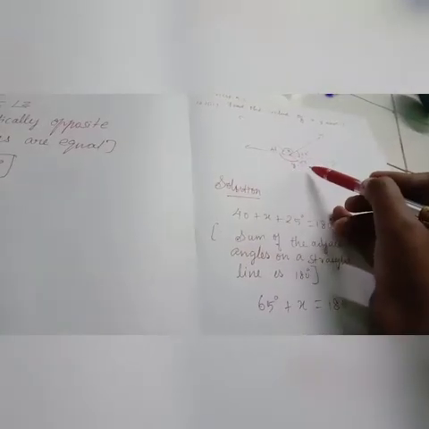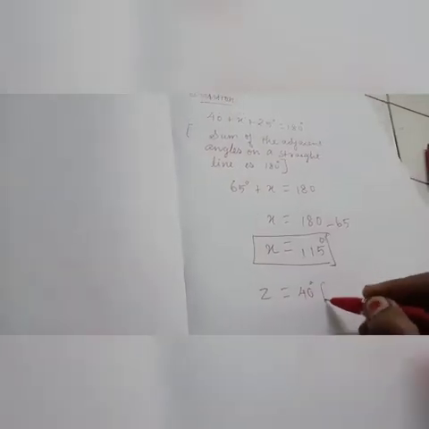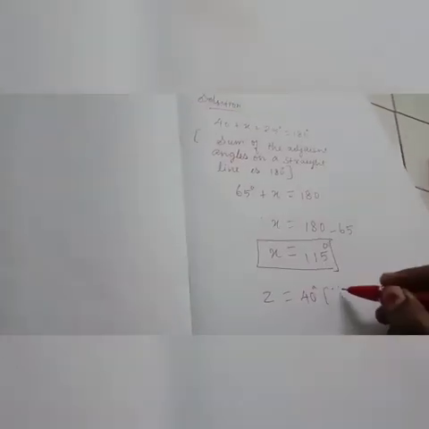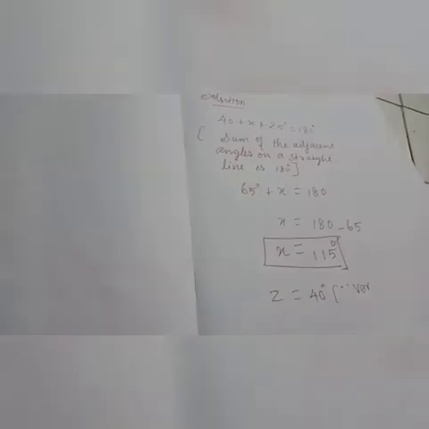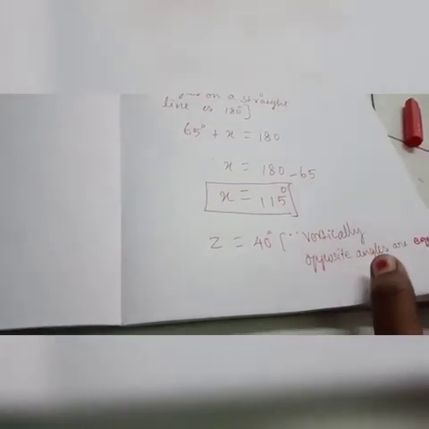To find y value, first we can find z. Z value is 40 degree. Why? Because these two angles are vertically opposite angles. So I can write here z equal to 40 degree. Why? Because vertically opposite angles are equal. So z is equal to 40 degree because of this reason.